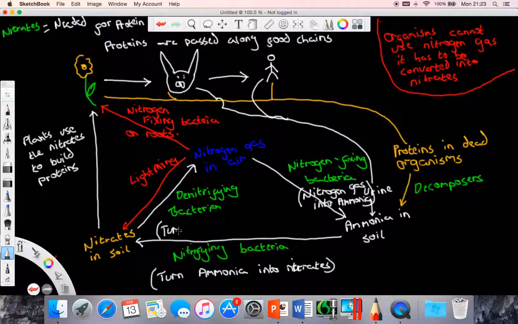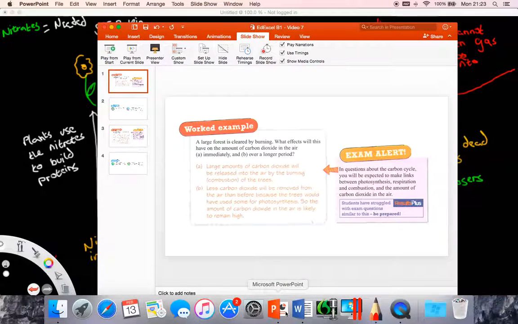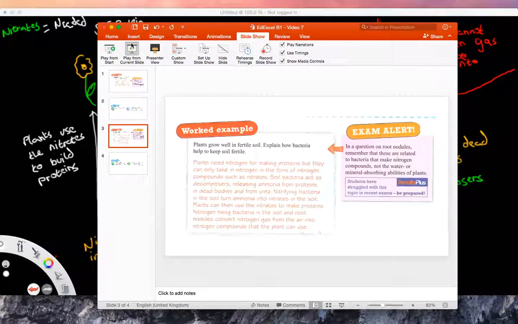So these turn nitrates into nitrogen gas. Okay? So nitrogen fixing bacteria turn nitrogen gas into ammonia, nitrifying bacteria turn ammonia into nitrates, and denitrifying bacteria turn nitrates into nitrogen gas. So, final parts.